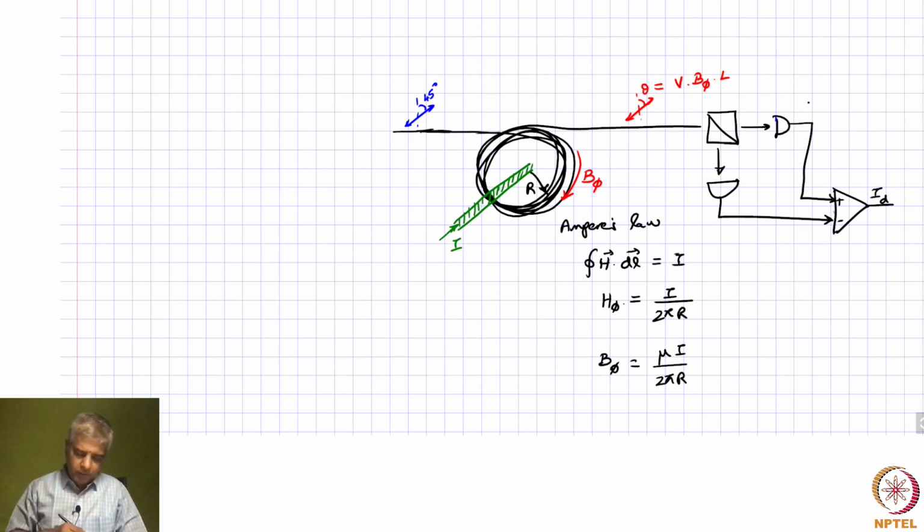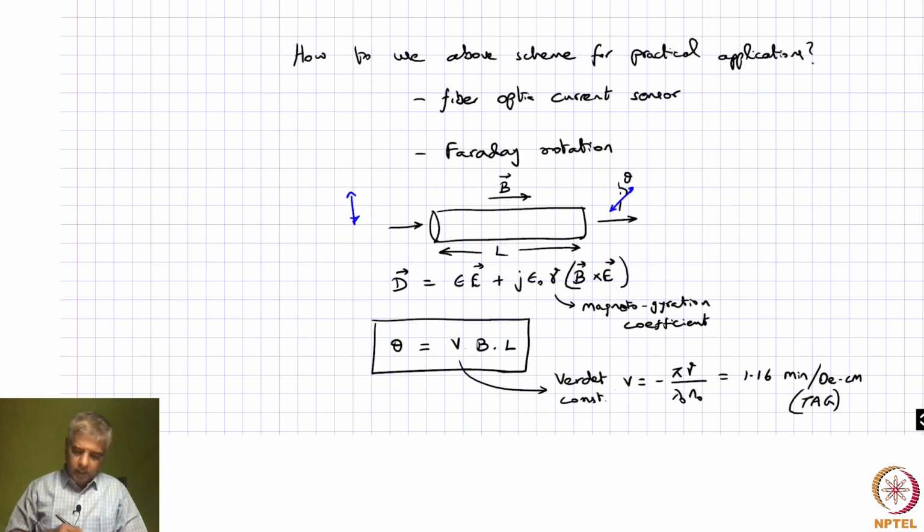Now I'll just leave you with this thought. One interesting aspect about the Faraday effect is that it's a non-reciprocal effect. What do we mean by that? If you come back with the same polarization in the opposite direction, and it were a reciprocal effect, you would get this linear polarization output.